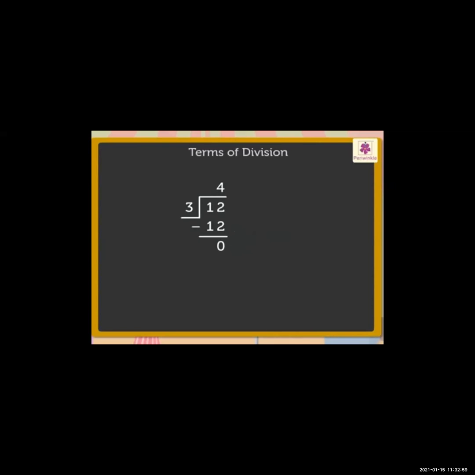Let us learn the terms of division. The number to be divided is called the dividend. Here, the number 12 is the dividend. The number that divides the dividend is called the divisor. Here, the number 3 is the divisor. The answer that we get on dividing the numbers is called the quotient.